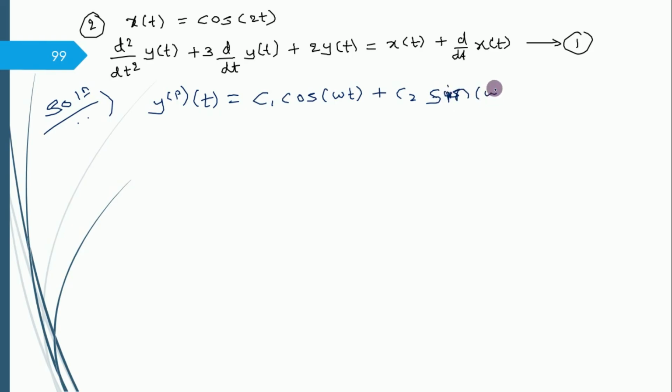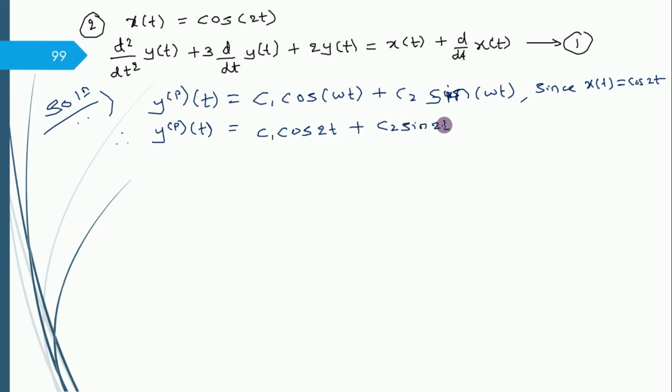Since your input is cos 2t, to write it specific to this problem, the particular solution form looks like c1 cos 2t plus c2 sine 2t, where in place of omega I have 2. So this I call equation 2.